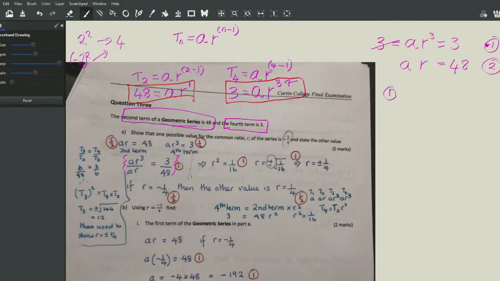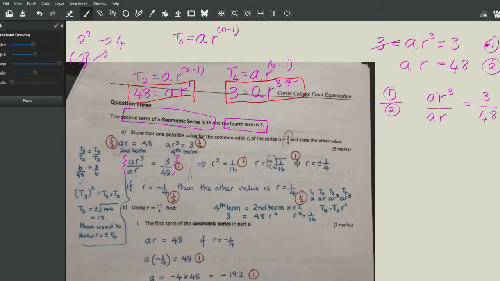So we're going to have equation 1 divided by equation 2, and that's going to look like a times r to the power of 3, and 3 on this side, so I've just written this equation again, divided by a times r, and the value here is 48.